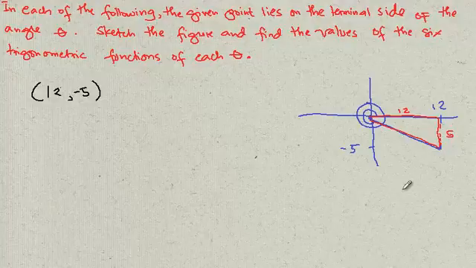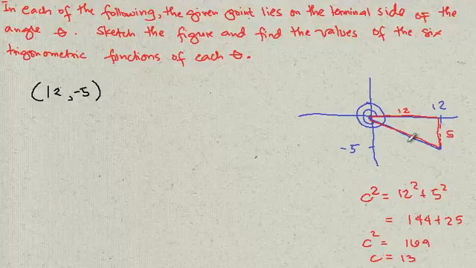Well, c squared is equal to a squared, the adjacent, 12 squared plus 5 squared. That's 144 plus 25. That will give us 169, and that will actually give you c squared of 169 is 13. So this must be 13 here, okay?